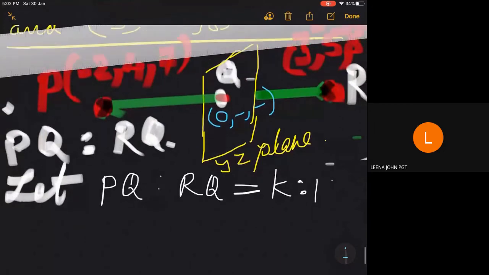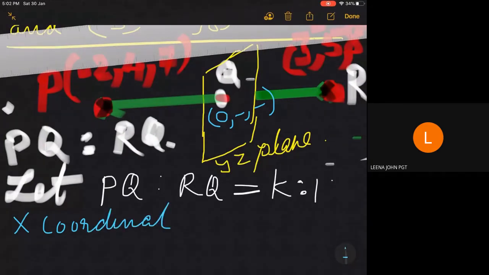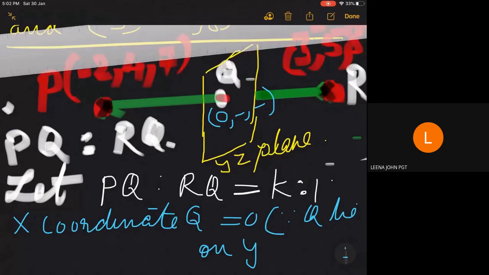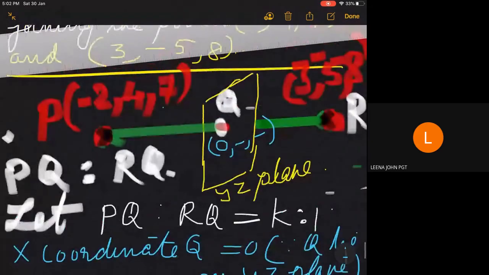So the X coordinate of Q is 0 since Q lies on the YZ plane. And therefore the X coordinate, you apply this ratio k is to 1.